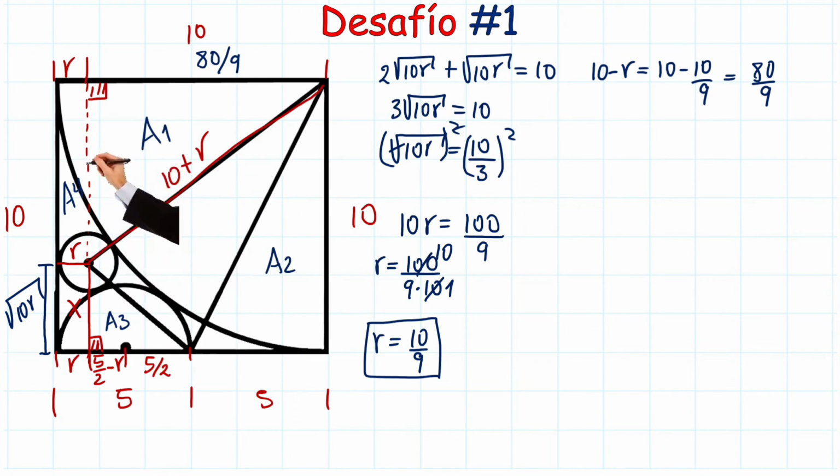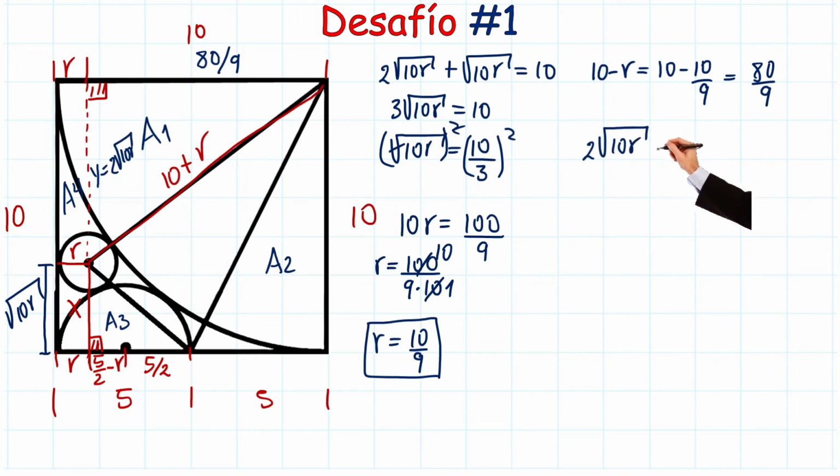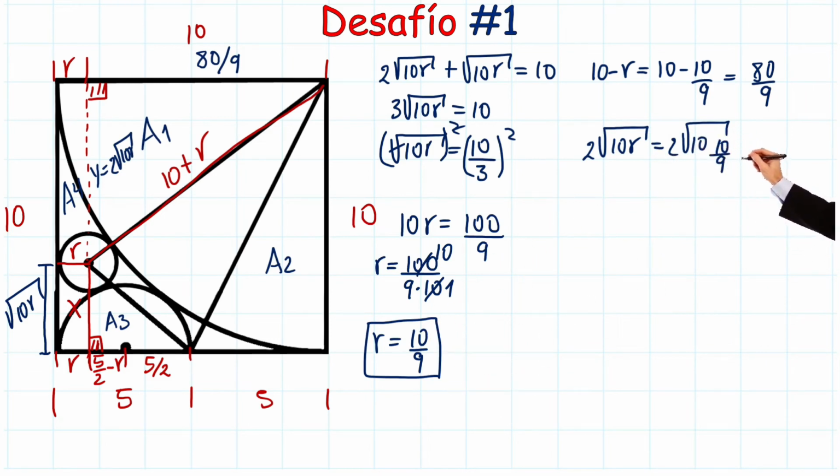Notice this side here. I already erased it, but it was y equals 2 times the square root of 10r. We need to replace the value to know how much this is. So let's look at 2 times the square root of 10 times r, but r is worth 10 ninths. Then how much do we have?